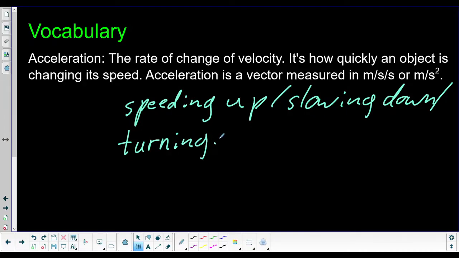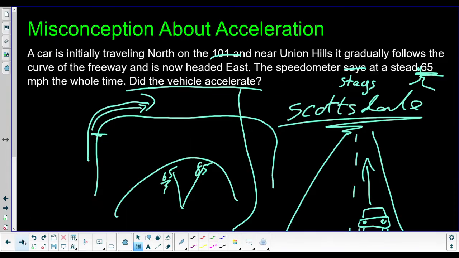If you change the direction you are moving, even if you do not speed up or slow down, you still changed your direction of velocity and you accelerated. Super important. That is one of the most important ideas in physics. We will have a whole unit just around the idea of turning later. So let's hammer that out now, shall we? Okay, cool. So we hammered out that misconception.